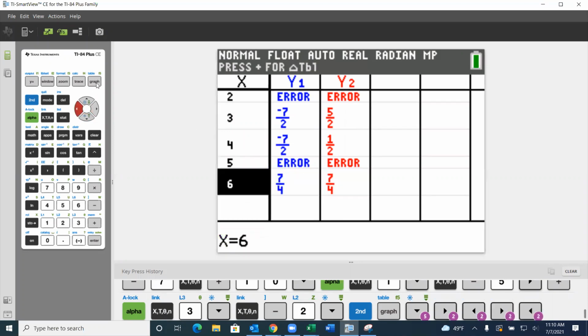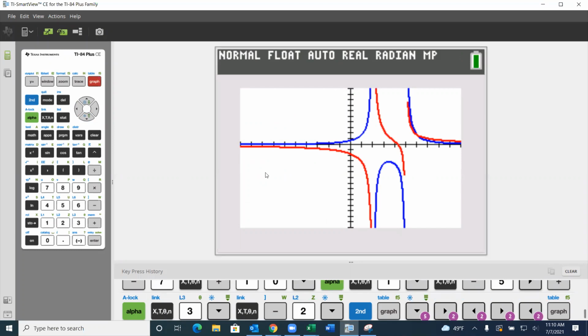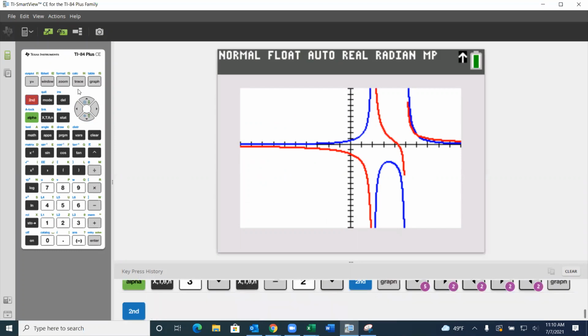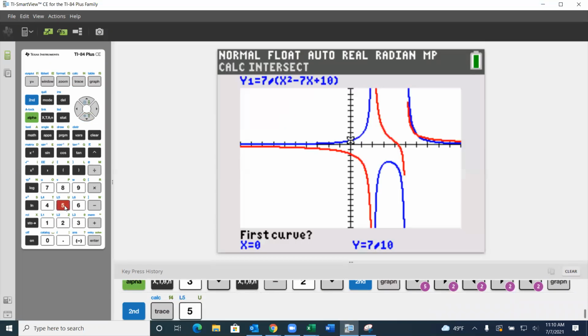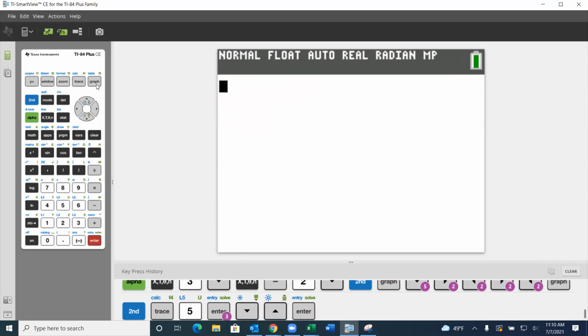If I want to explore this on the graph, it can be a little tricky because there are variables in the denominators. So I can go second, trace, 5, and then 3 enters, but it doesn't work. Why doesn't it work?